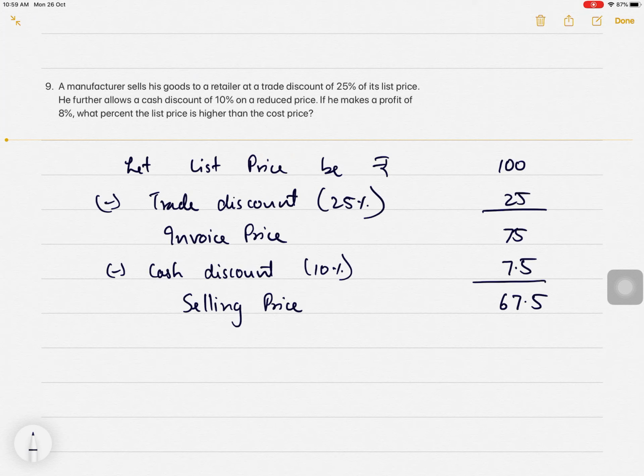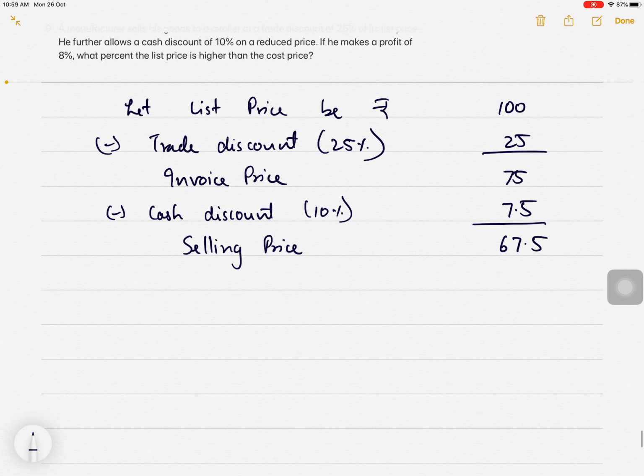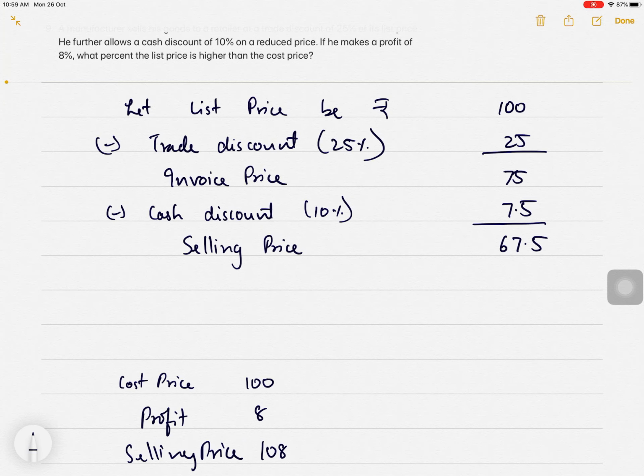of the manufacturer. If he makes a profit of 8%, what percent the list price is higher than the cost price? That means if cost price is 100, profit will be 8 and selling price will be 108.